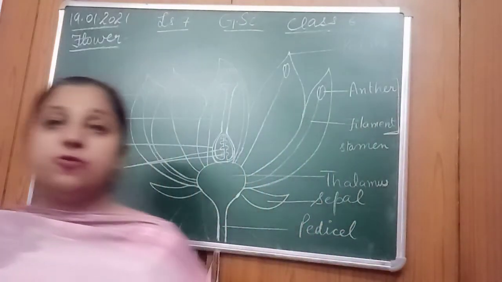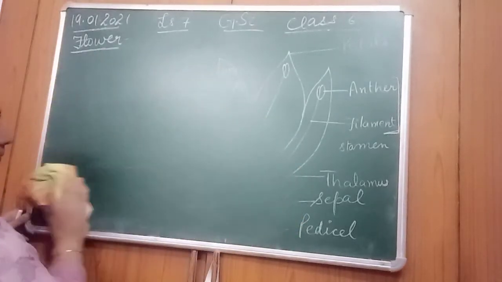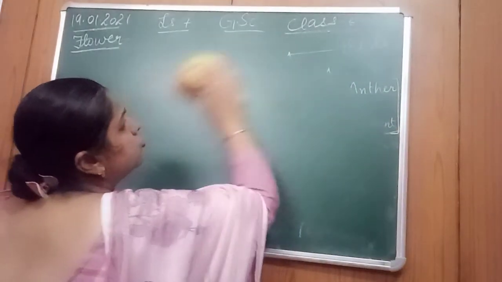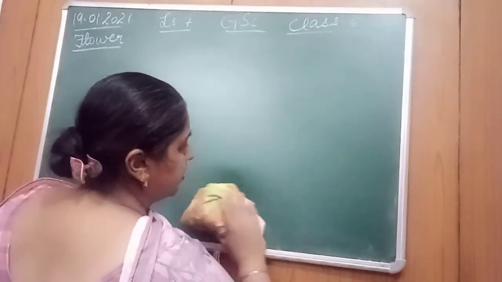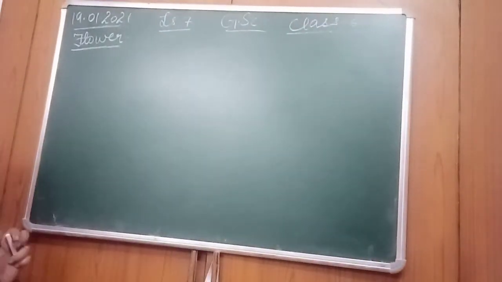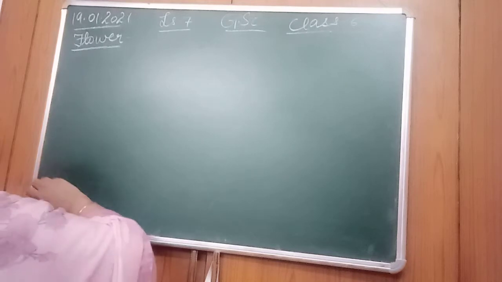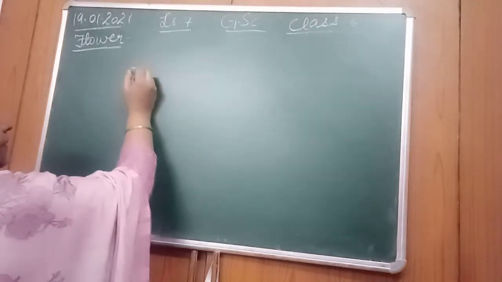So I am going to erase it. And we are going to draw it separately. Just draw these in your fair notebooks also. Explanation we will be doing in the class along with their functions. So first of all, male reproductive part. What do we call the male reproductive part? Stamen.